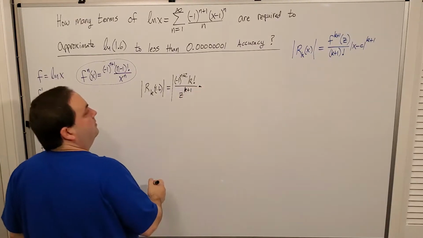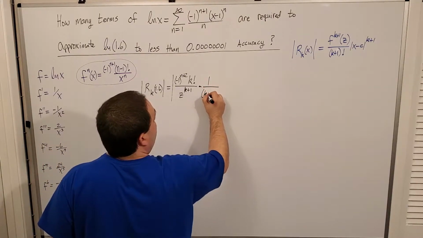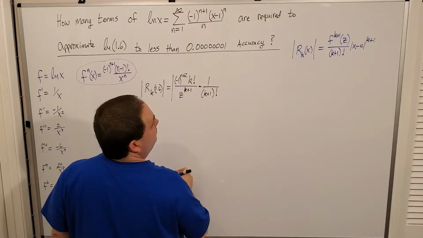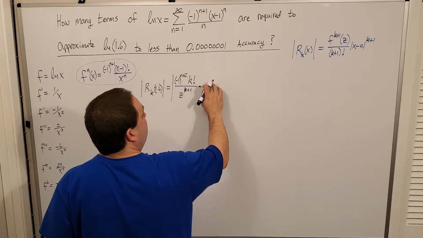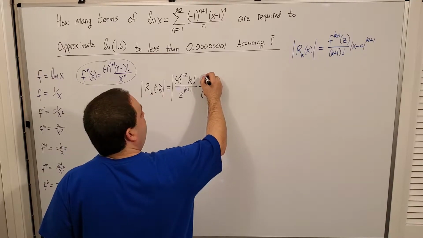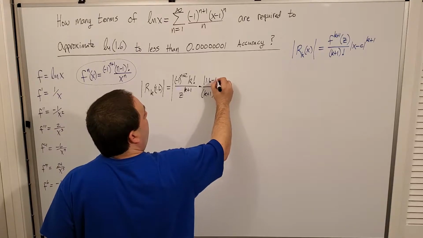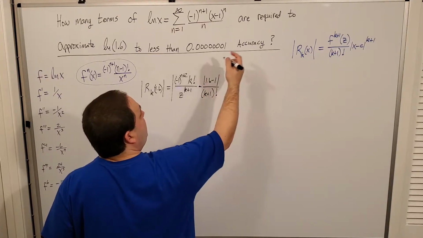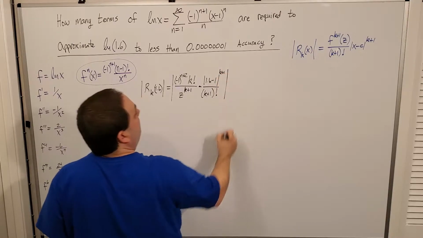Times, I also have 1 over k plus 1 factorial. And then I have x minus c, absolute value. So what that's going to give me is the absolute value of 1.6 minus 1 raised to the k plus 1 power, like so.